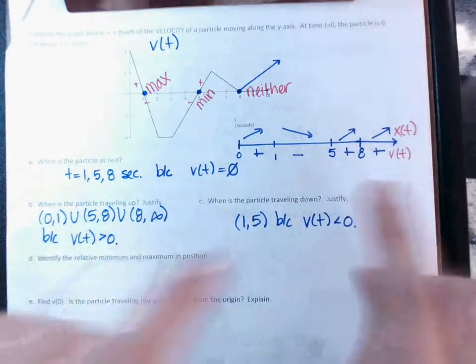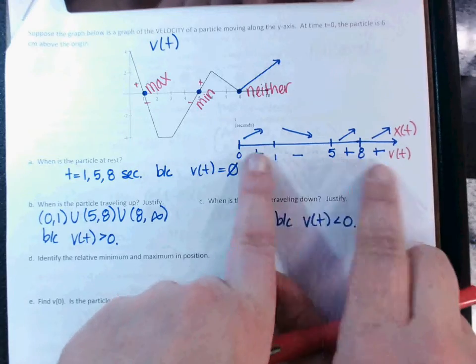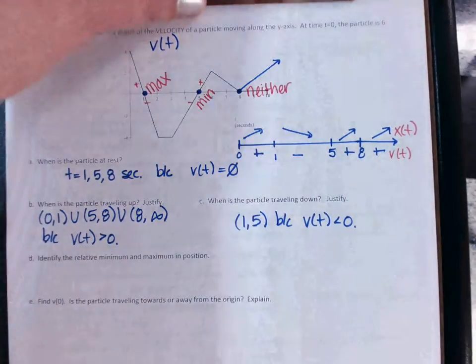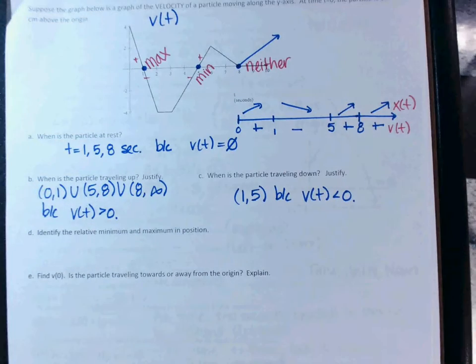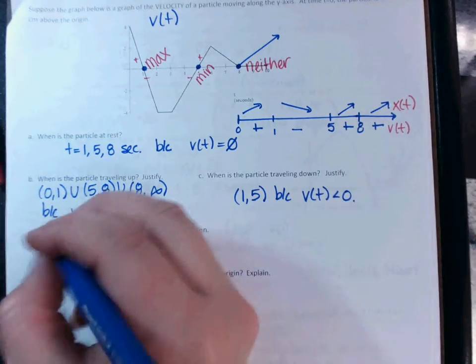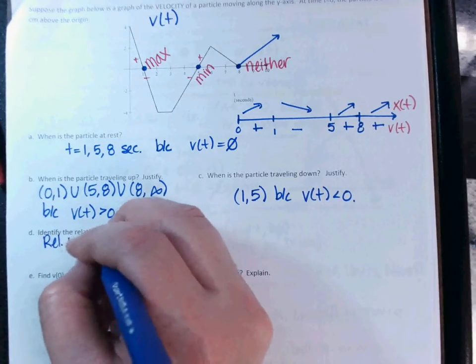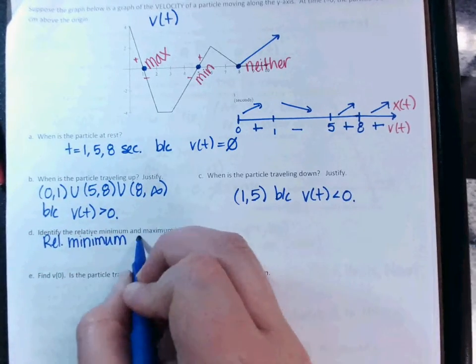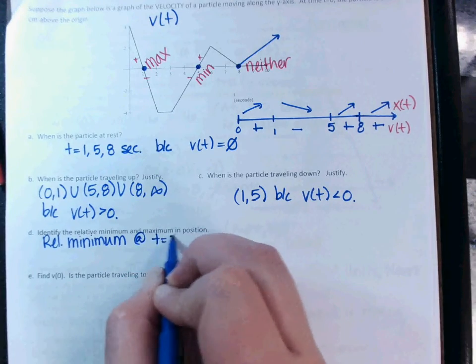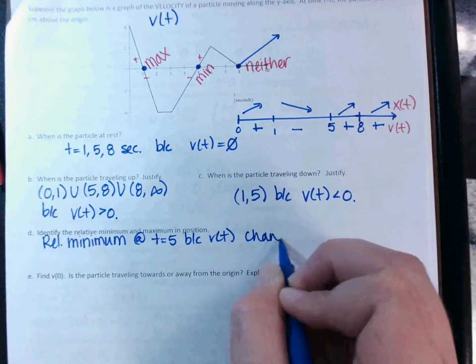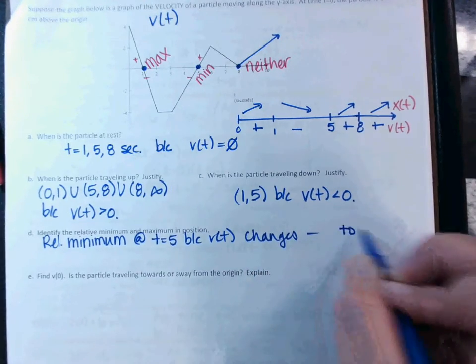Now, you also could see it probably easier in our line chart, right? Max, min, neither. Okay, so let's write that out. My relative minimum in position, remember that's also sometimes called a local minimum, is at t equals 5 because velocity changes negative to positive.